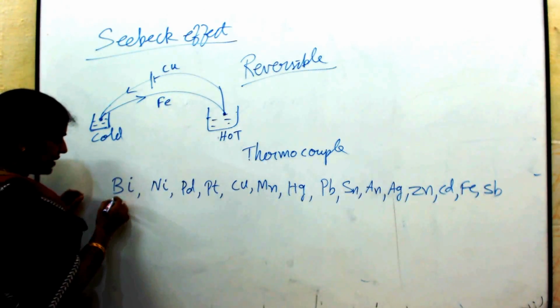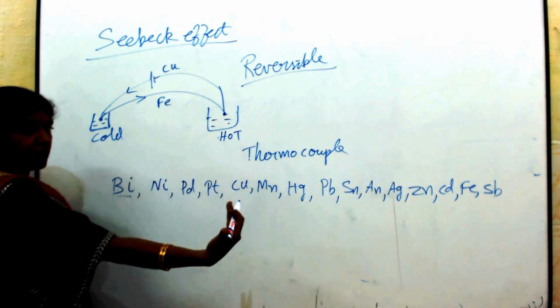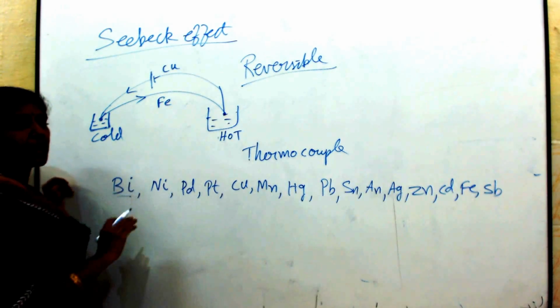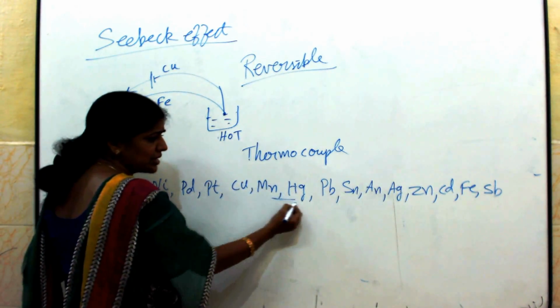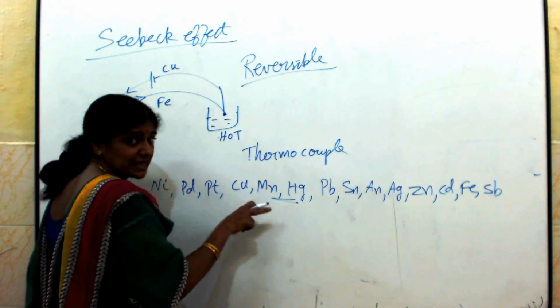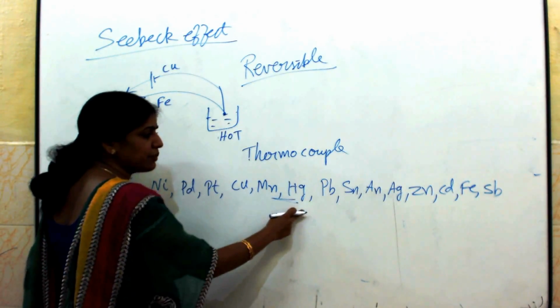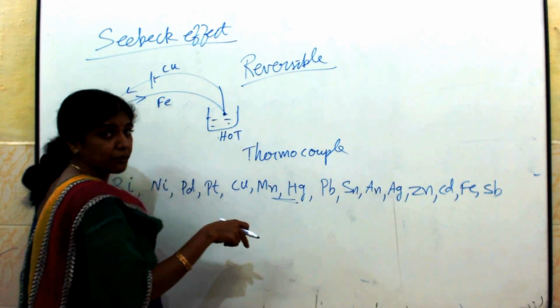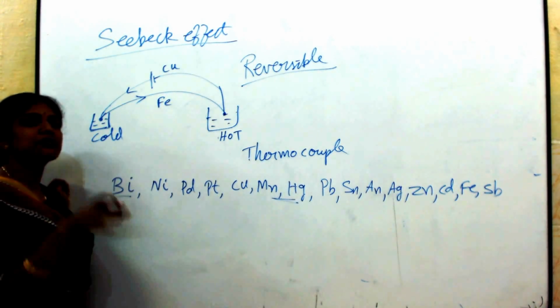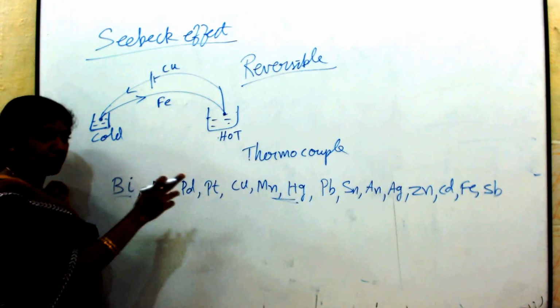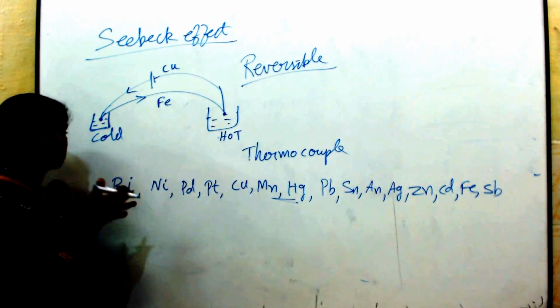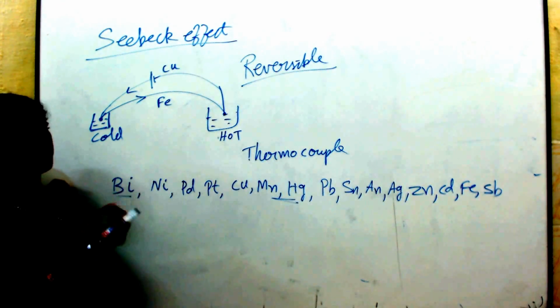So if I select any two metals which are farther away from each other, the EMF produced will be large. If I select two metals that are not far away from each other in the series, the EMF produced will be less. So if I select metals far away from each other in this series, the thermo EMF will be more.